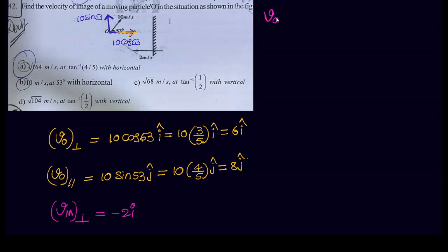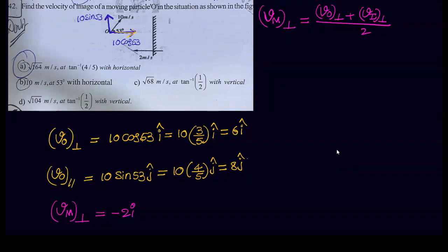And velocity of the mirror in perpendicular is equal to what? Tell me now: velocity of object in perpendicular plus velocity of image in perpendicular, by 2.